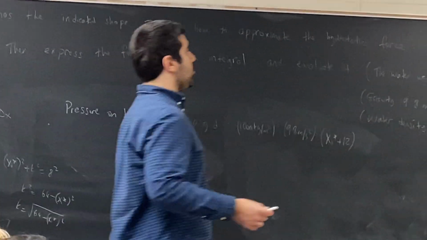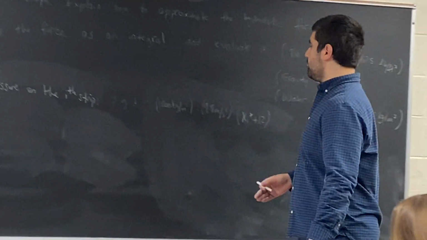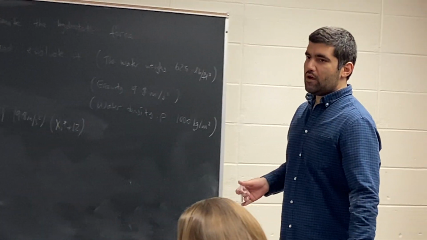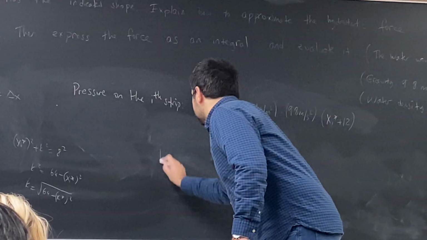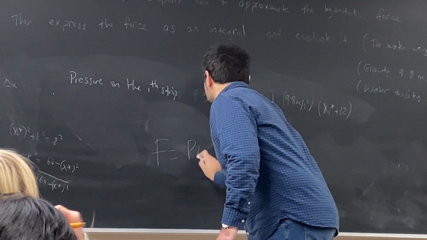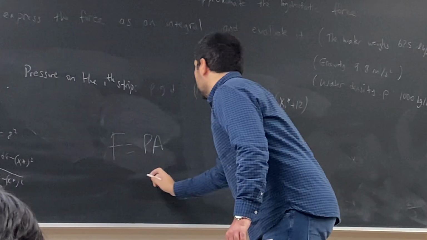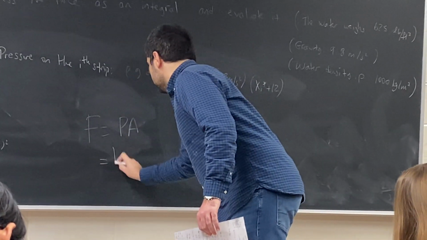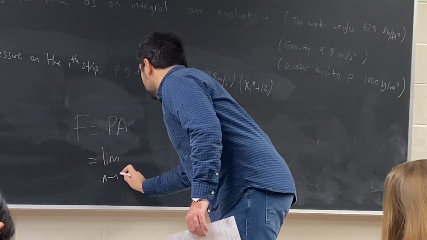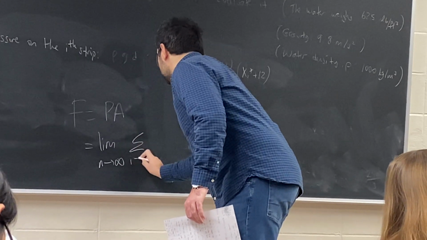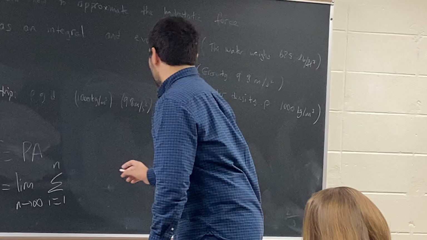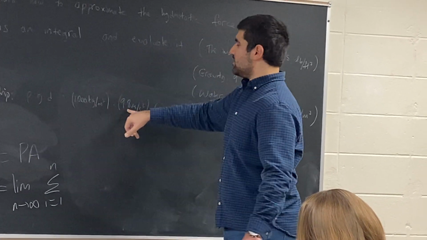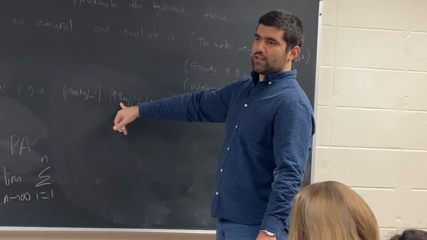We got area in terms of xi star and pressure in terms of xi star. I think we're ready to set up the Riemann sum. So pressure: 1000 times 9.8 is 9800.